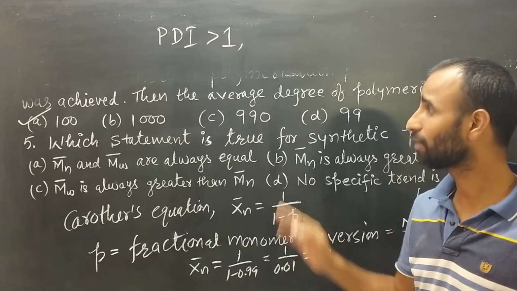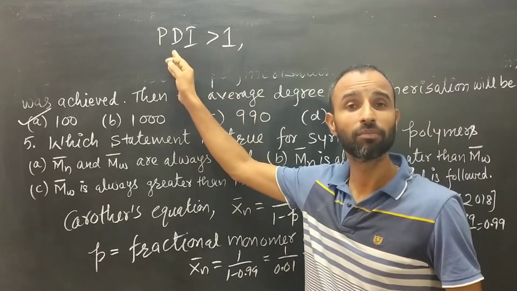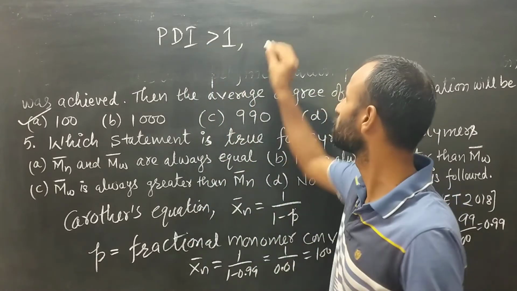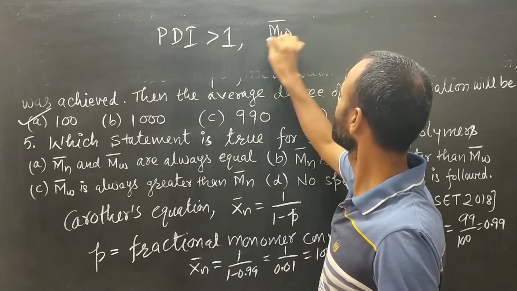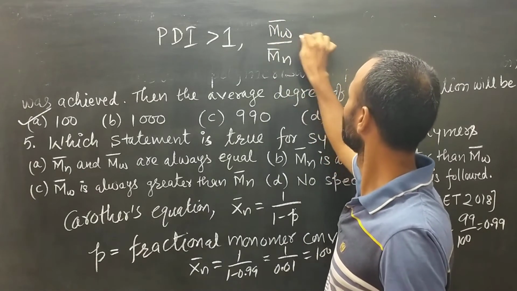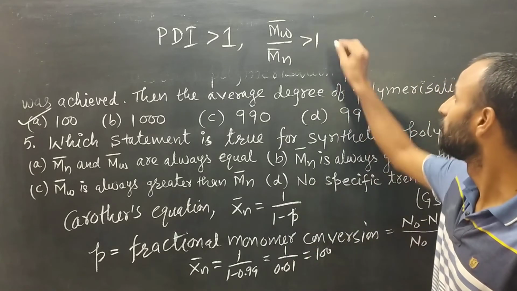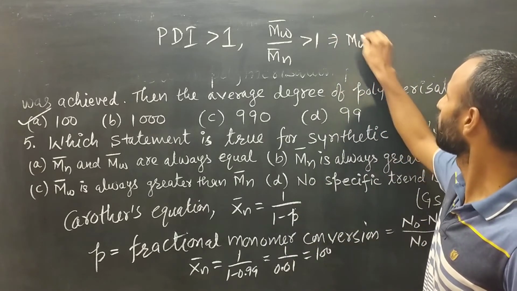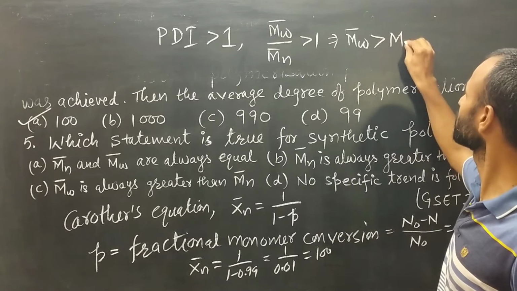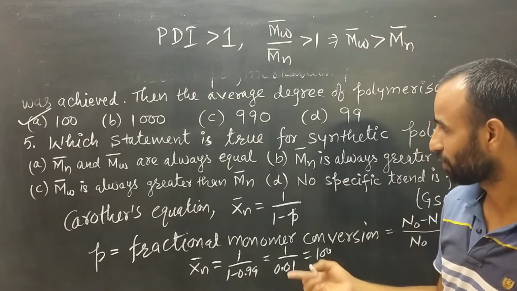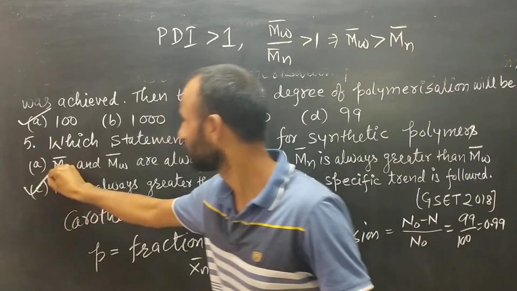But for synthetic polymers, PDI is always greater than 1. That means they are polydispersed polymers, meaning the weight average to number average ratio should be greater than 1. That means the weight average molar mass is always greater than the number average molar mass. So that means the right option is C.